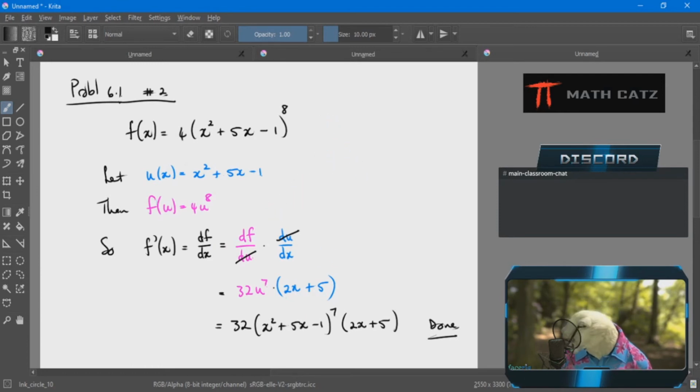Now, this actually is a little bit more useful in fancier chain rule applications, where I can have multiple inside functions inside other inside functions, and so on. Then setting up the chain rule could be a little bit more confusing. Maybe I have an inside function u, and then in that is an inside function v.